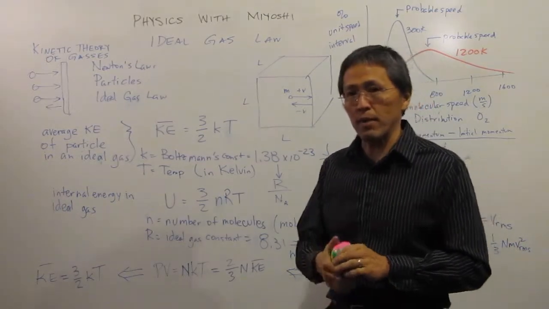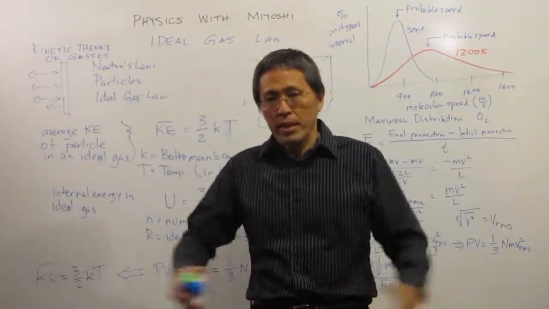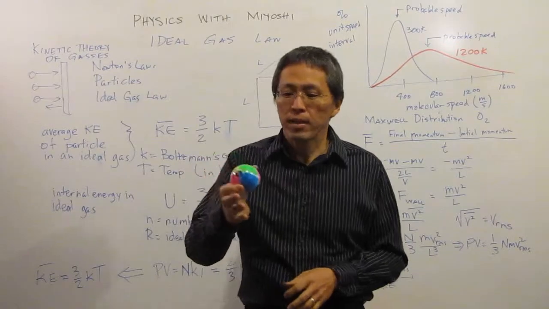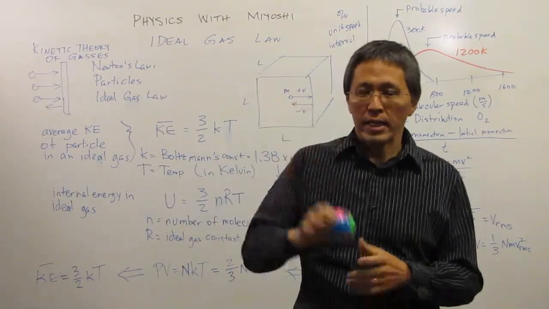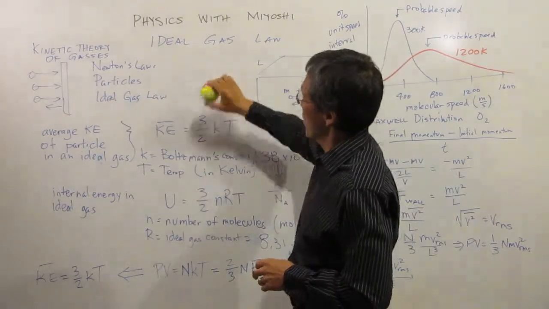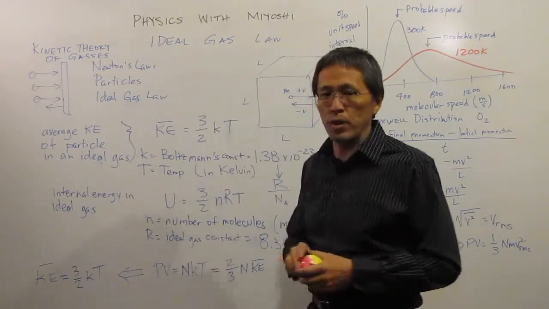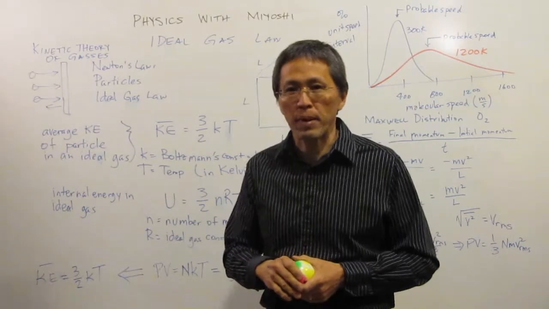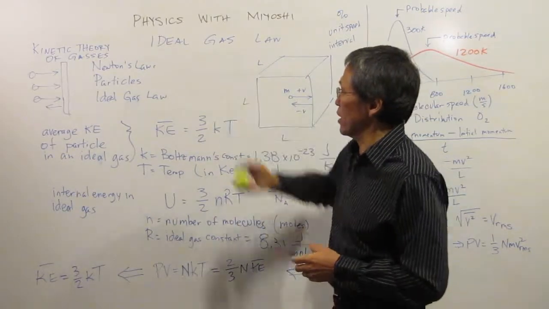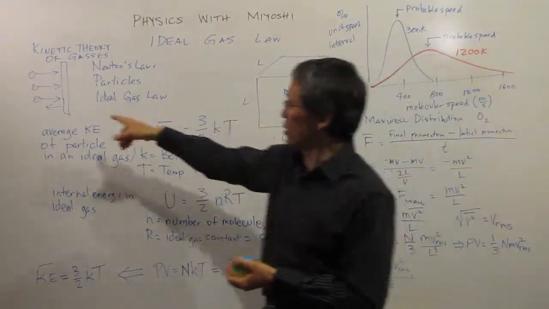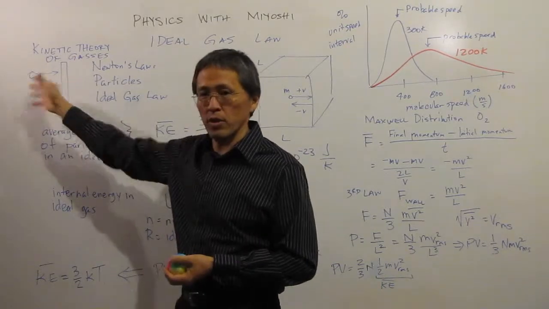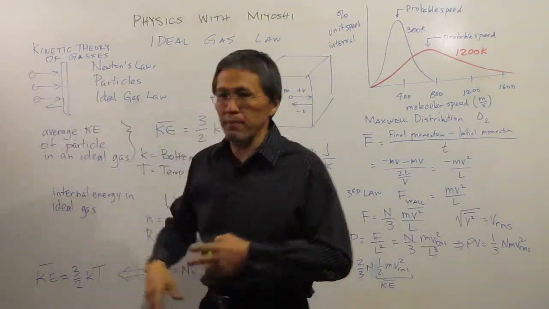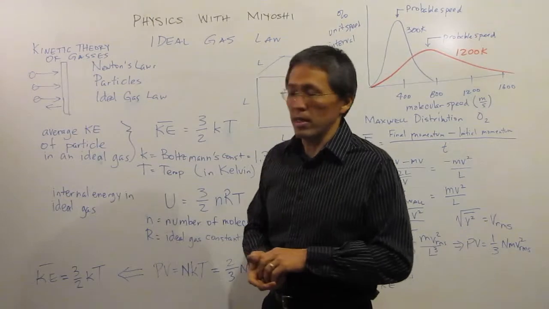So if we think about any space, we can think about our particles hitting against walls. When this particle hits this wall, we know through Newton's laws and through impulse-momentum theory that it imparts a force. We know that the particles don't all hit the same way, they bounce all over the place, and they're all doing their own thing.